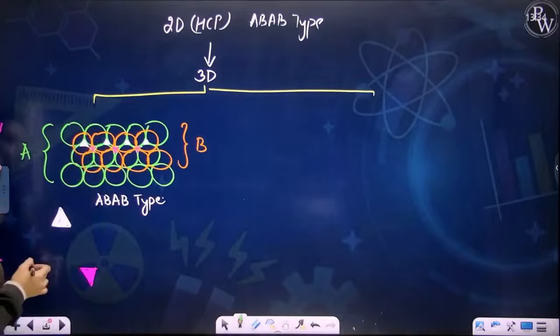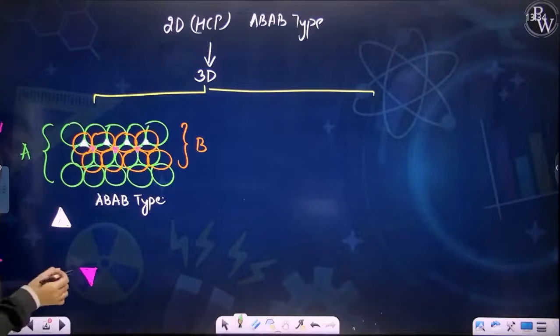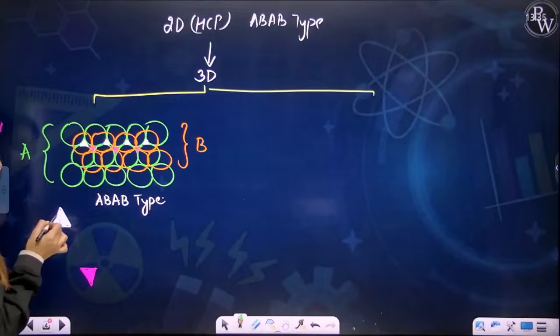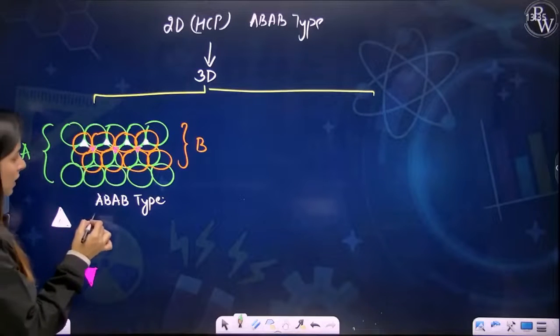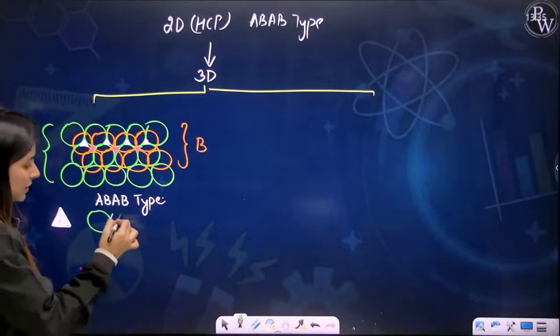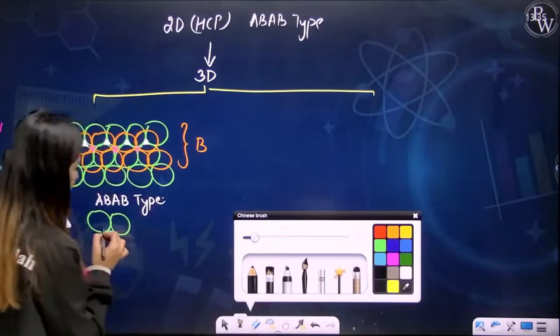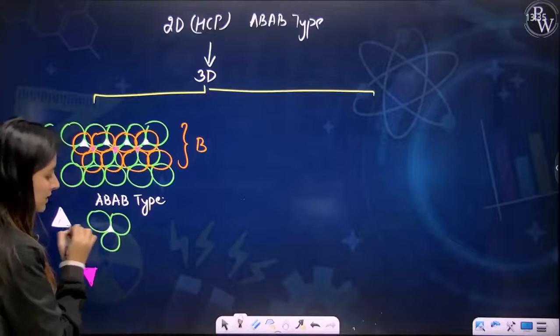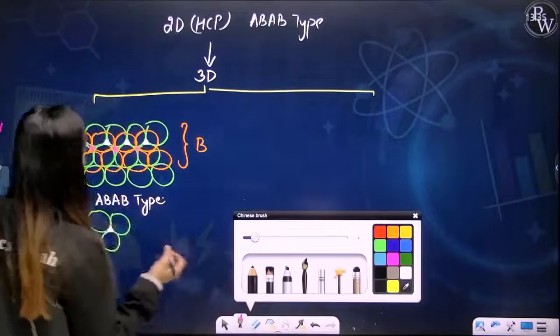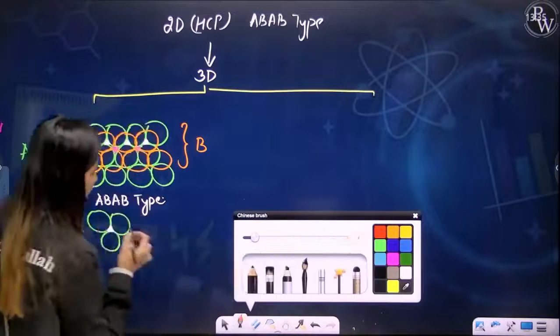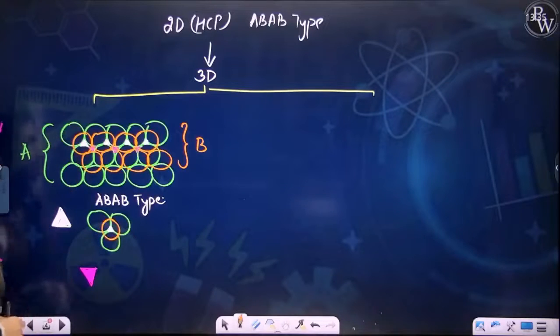Now, my dear students, if you see this white void, can you say that this white void is made because it had 3 atoms like this, and a void was formed like this, and then a second layer, B layer atom, covered it like this?